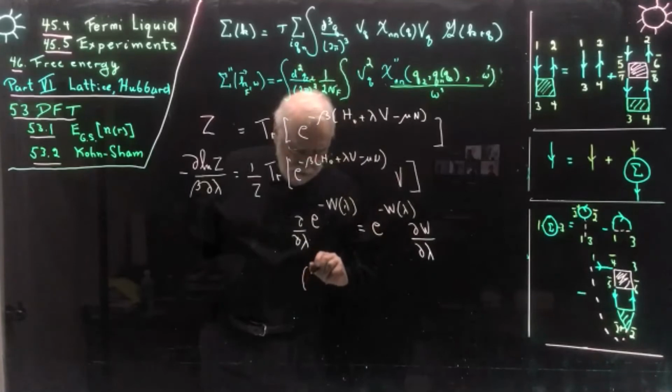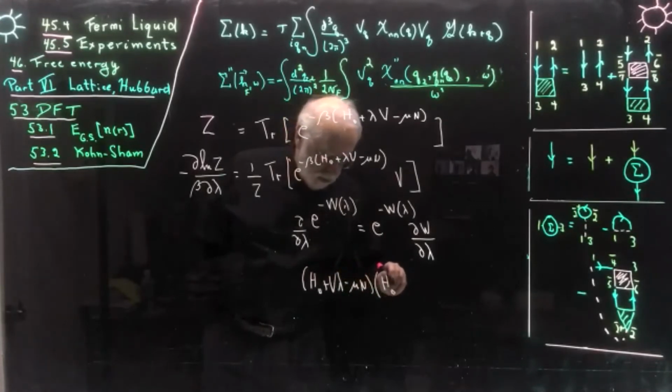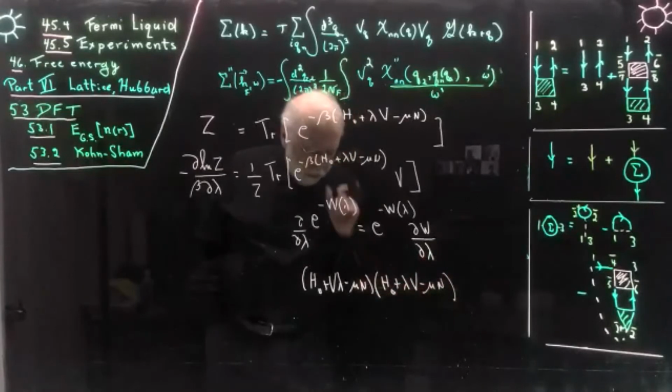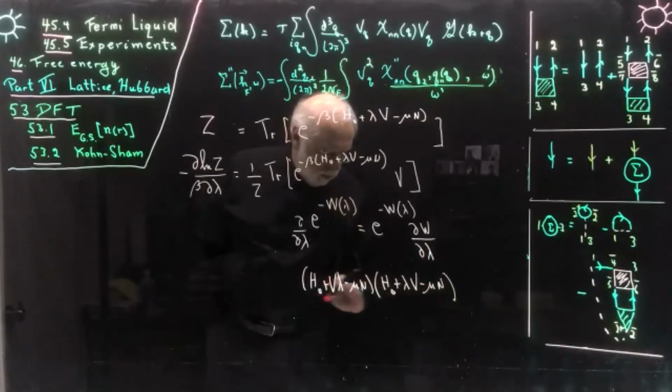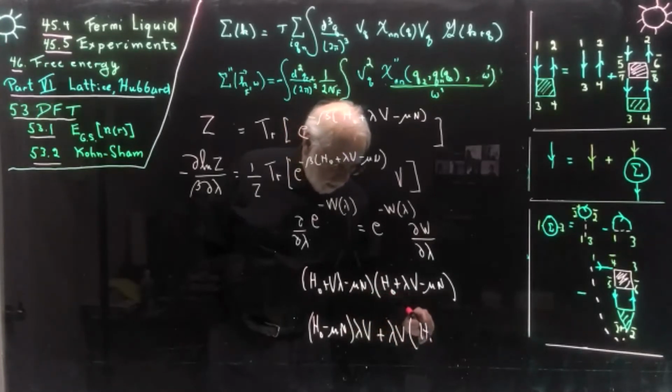Now, if I have (H0 plus lambda V minus mu N) times (H0 plus lambda V minus mu N), I want to isolate everything that's related to V. Indeed I have H0 minus mu N times lambda V from that side, and then I have lambda V times H0 minus mu N, and they don't commute.